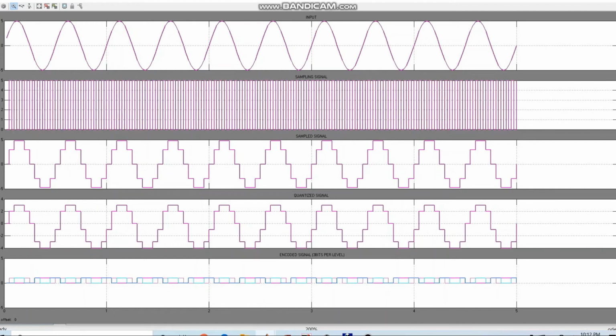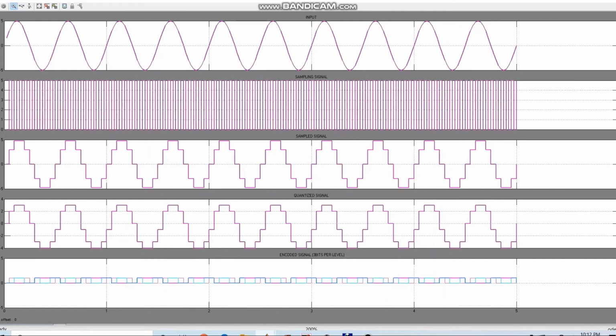That means 1, 2, 3, this one is 4, 5, and this one is 6. There are 6 voltage levels. So these 6 voltage levels we can represent using 3 bits. That's why we have chosen a 3 bit encoder and decoder.